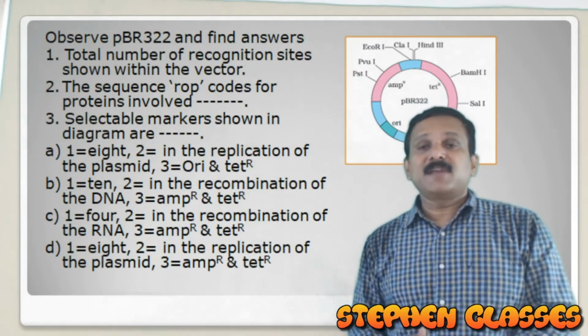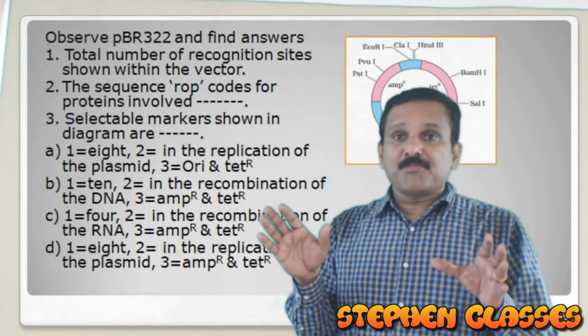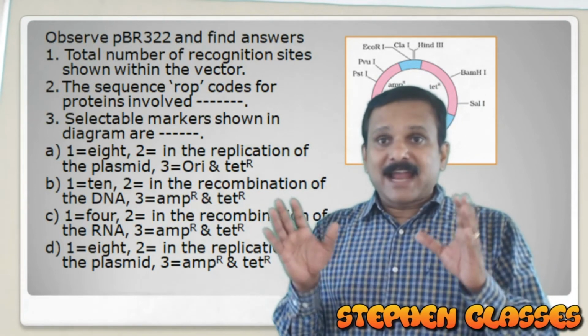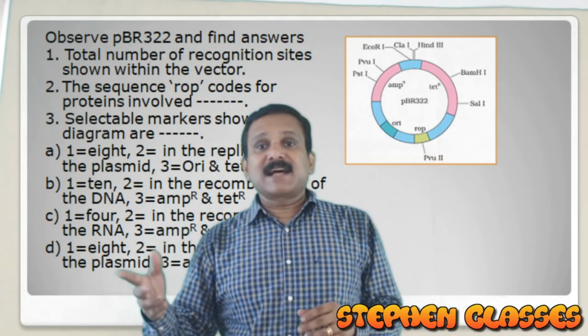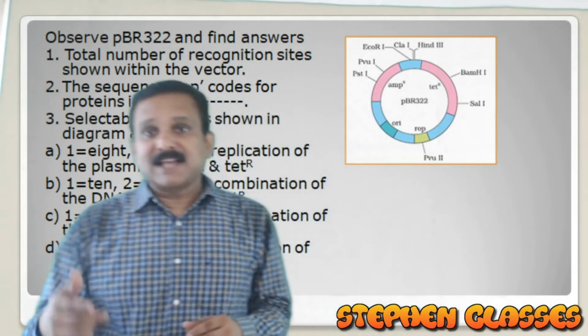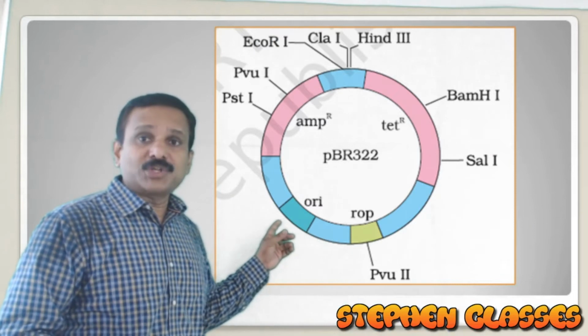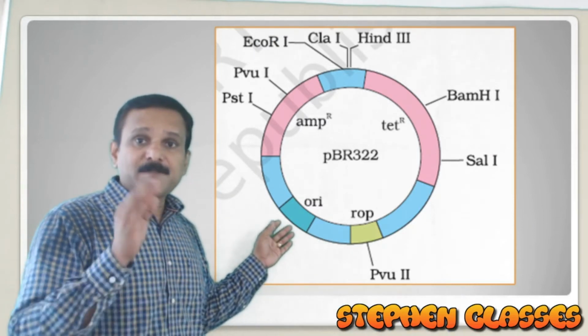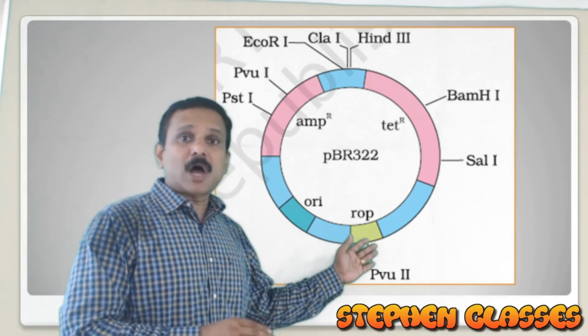It is about pBR322. So the diagram of pBR322 is very important. You should have a clear idea about the labels. So different labels are there. Next slide, we have the diagram. Here you can see the origin of replication in pBR322. Then ROP. What is ROP?